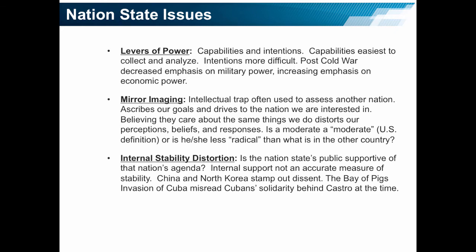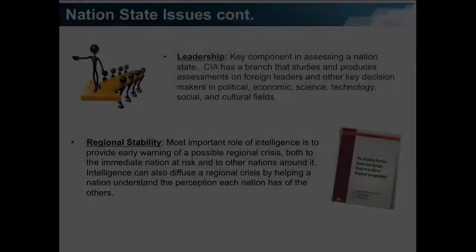Therefore, they present to the outside world an image that they are stable. However, thanks to social media, we are seeing that there are regions in China where stability is not as strong as the Chinese present it to the outside world. The Bay of Pigs invasion of Cuba totally misread Cuba's solidarity behind Castro at the time.